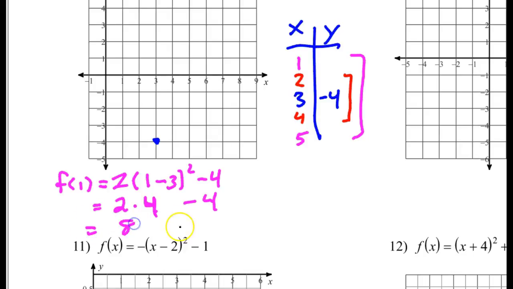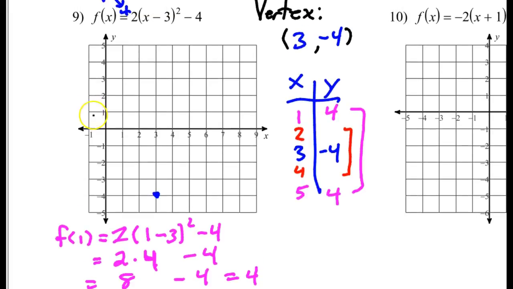We get 8 minus 4 equals 4. So we plugged in 1 and got an answer of 4. So that's 1 comma 4. I also get the other side for free. 5 comma 4. Same answer.